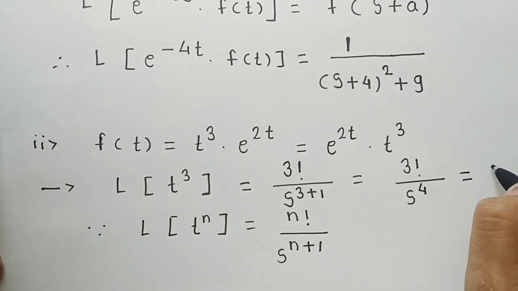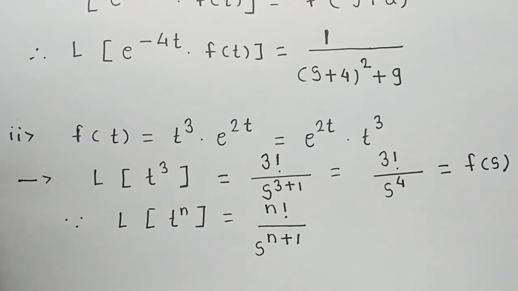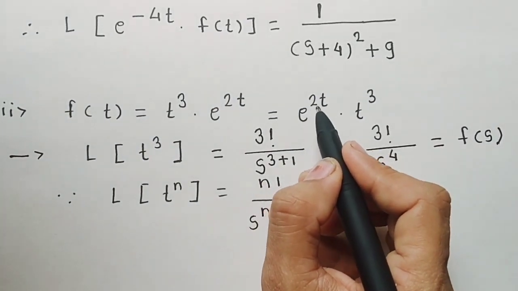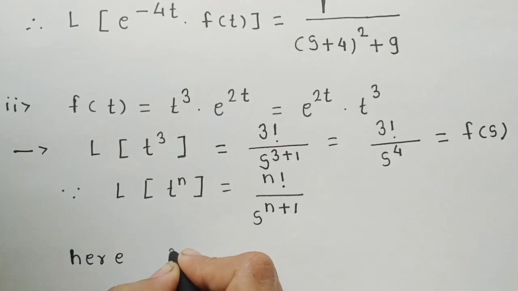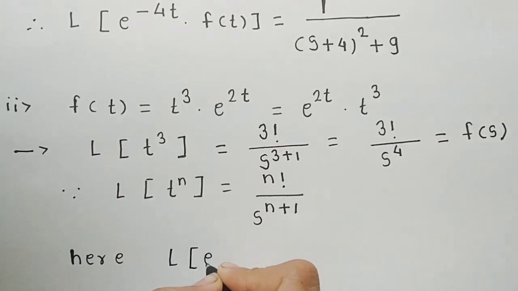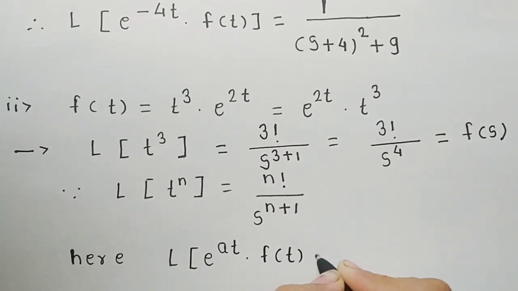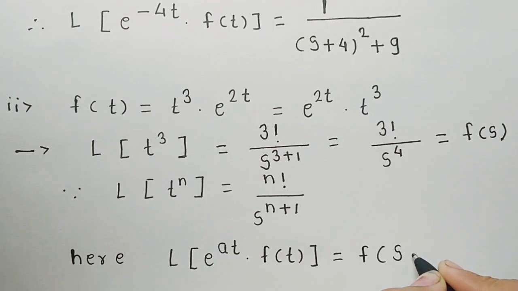Again indicate this answer by F of s. Now use the first shifting property. So here e raised to 2t, that means a positive term is involved, so we use the property Laplace of e raised to at f of t is equal to F of s minus a.